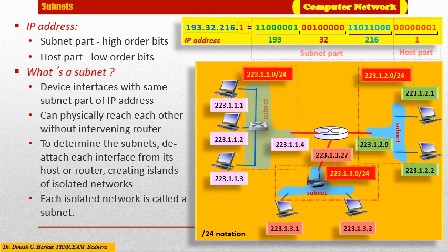One subnet is at the bottom with two hosts and one router interface, while we have one more subnet here which consists of two hosts and one interface from the router side, and one more subnet again having two hosts connected and one interface from the router side. This typical diagram shows three subnets.